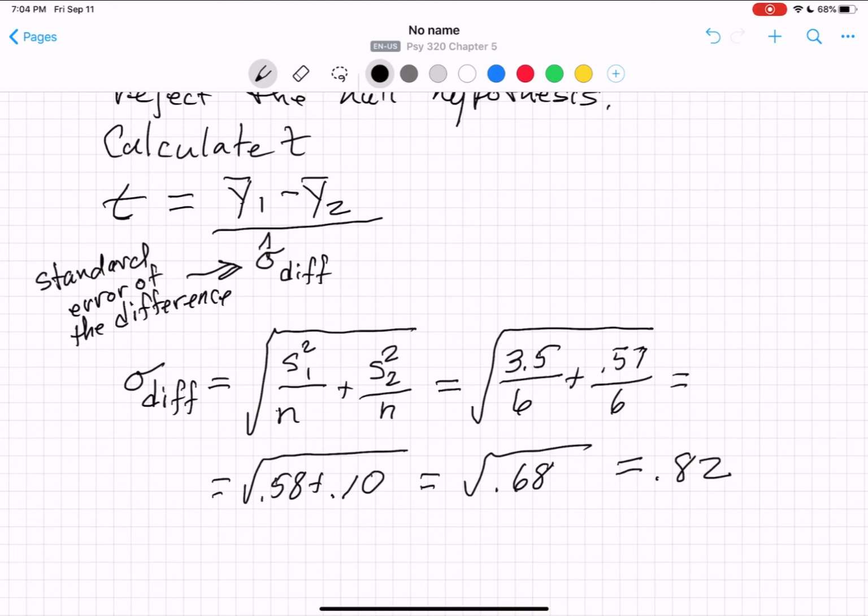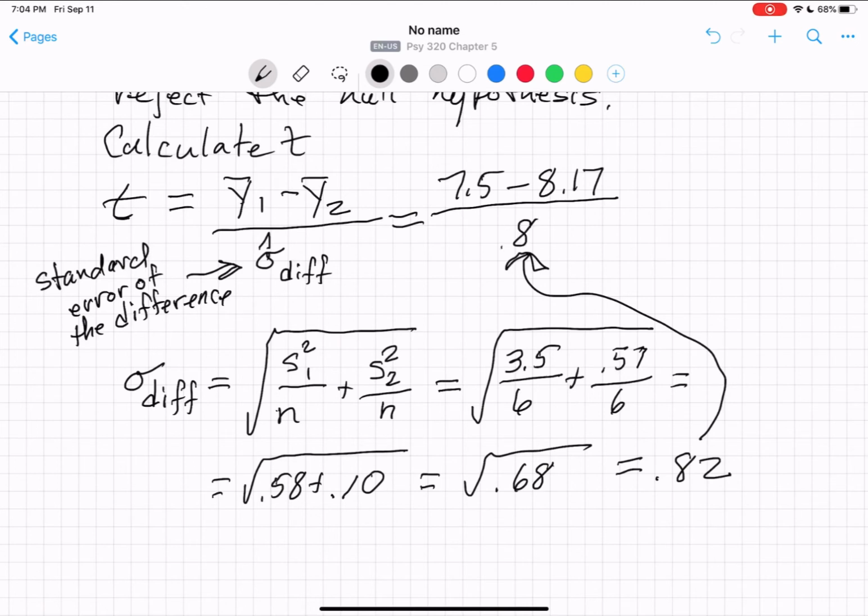Okay, and so now we're going to use that and plug that into our formula. So we're going to take our two means from our data. The mean for group 1 was 7.5, and the mean for no music was 8.17. We're going to plug those in, and then we're going to put our 0.82 here as our sigma hat of the difference. Okay.